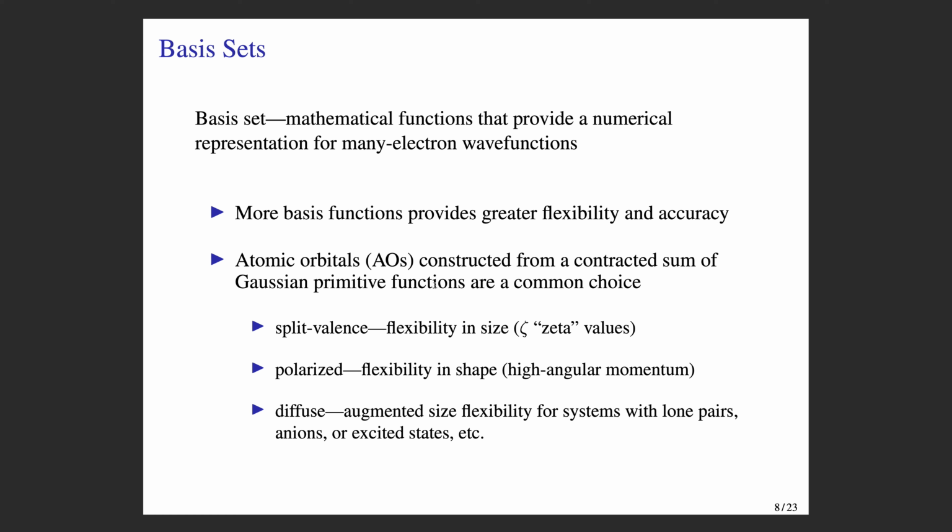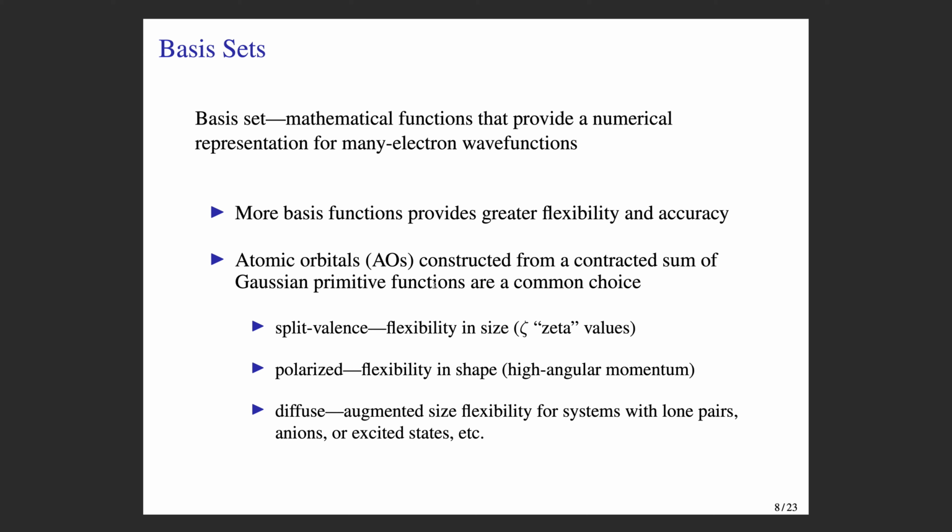The next couple slides talk about the basis set in more detail. So again, these are the mathematical functions that are used to numerically represent many electron wave functions. The more basis functions you have in your basis set, so the more functions you include, the more flexibility you have in representing the many electron wave function, and hence the greater accuracy of your calculations.